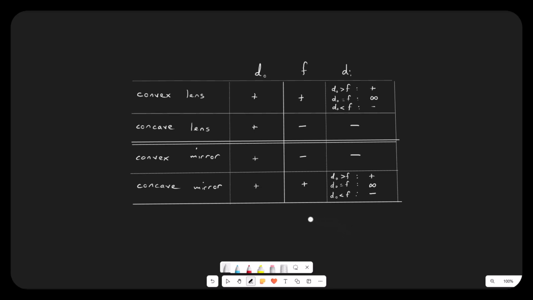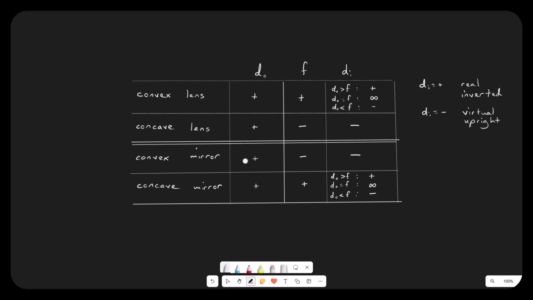So what I'm looking at, a positive D image is going to be real, and it's going to be inverted. A negative D image is going to be virtual and upright.